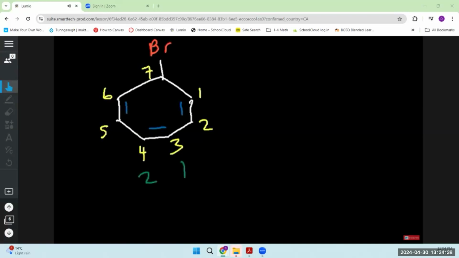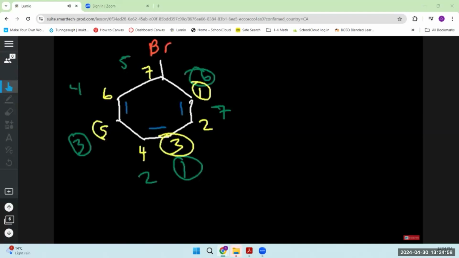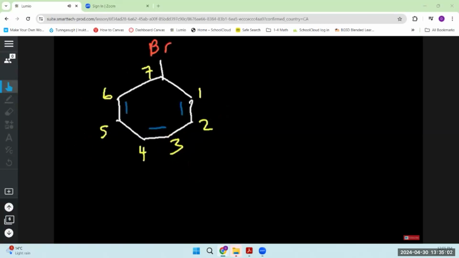If we start from the middle, it's just not going to work out that way. We'll have a double bond at 1, 3, and 6 as opposed to 1, 3, and 5. So this is the way we should count it.